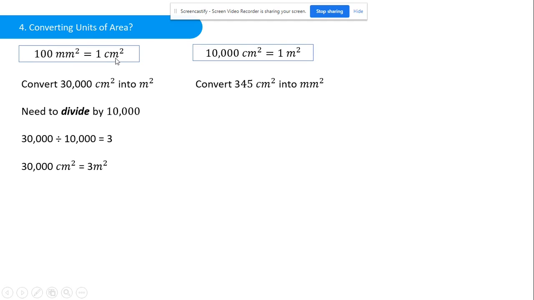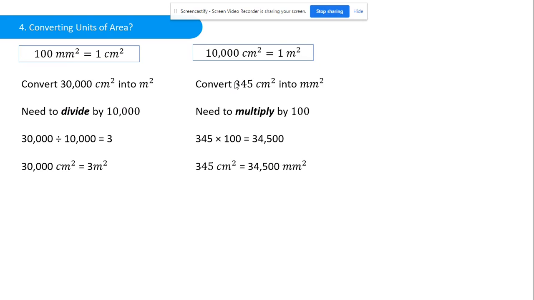So now I need to multiply. So to do this, we need to multiply each of these centimeters squared by 100. So 345 times 100 is 34,500. So 345 centimeters squared is equal to 34,500 millimeters squared.